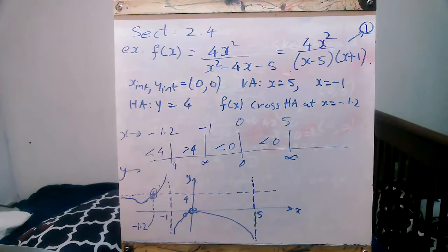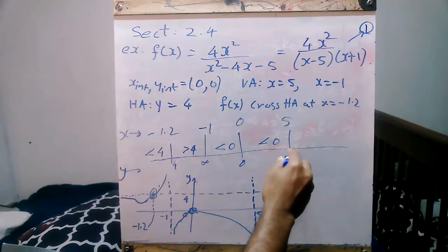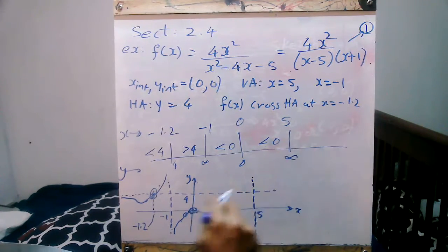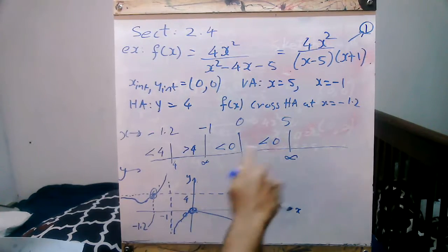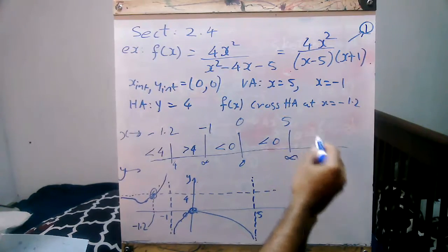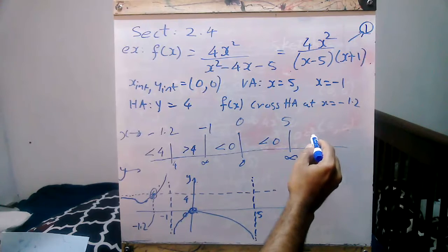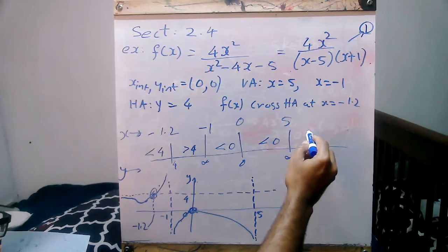Here f of x is, if you substitute a number, I substituted and already found in this region it is greater than 4.